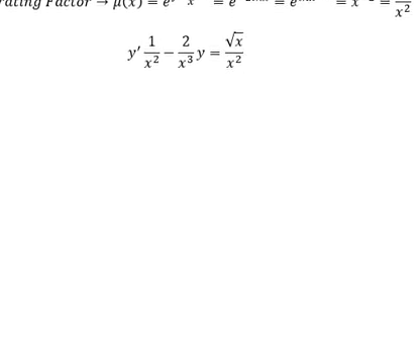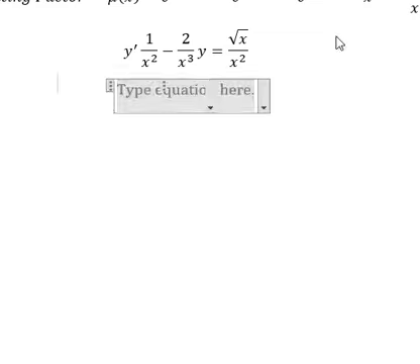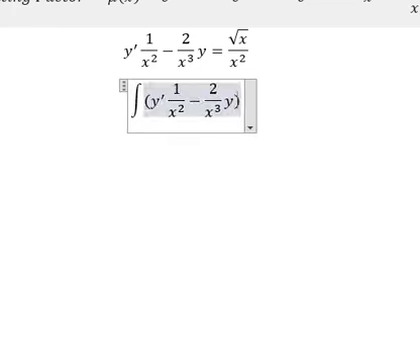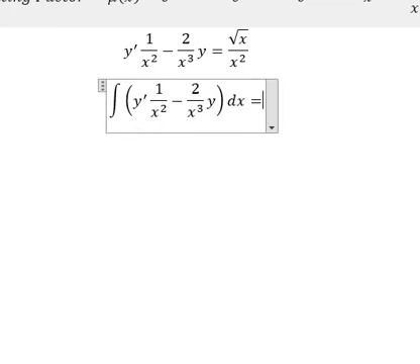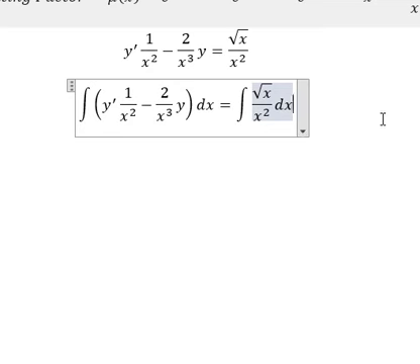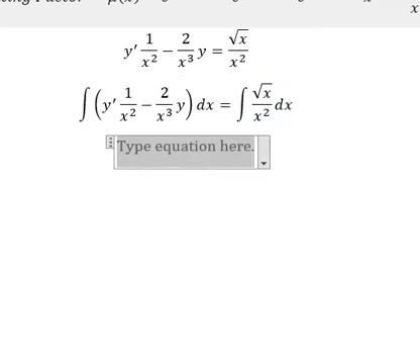Next, we integrate both sides. So we can use the product rule of the derivative.